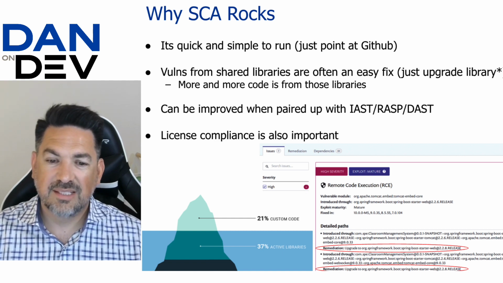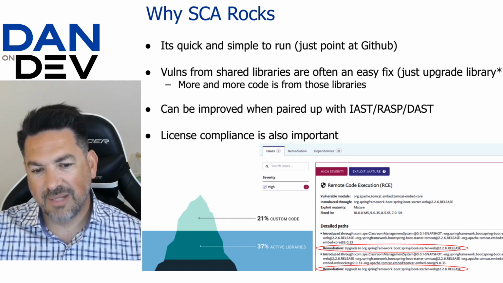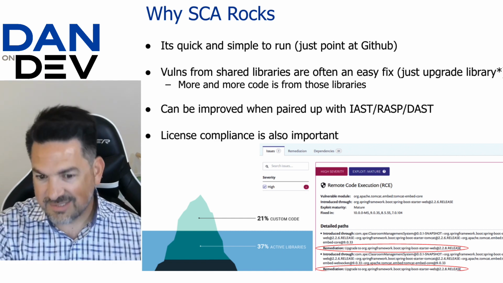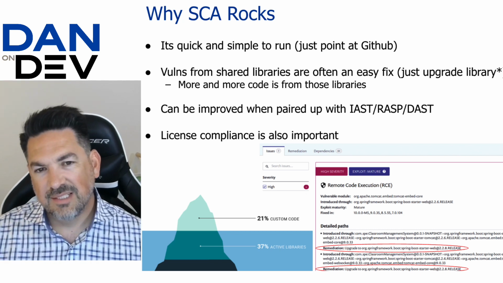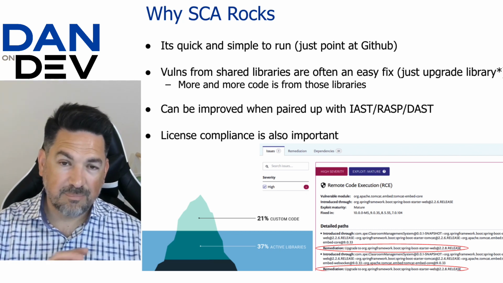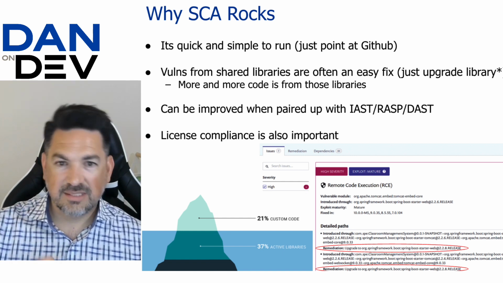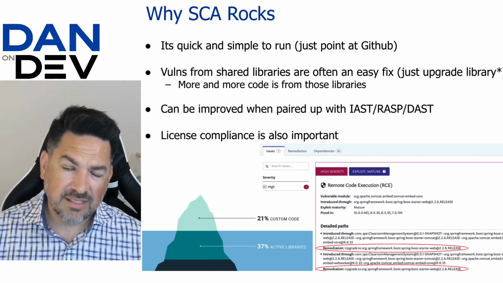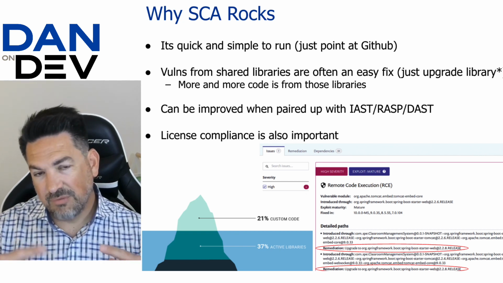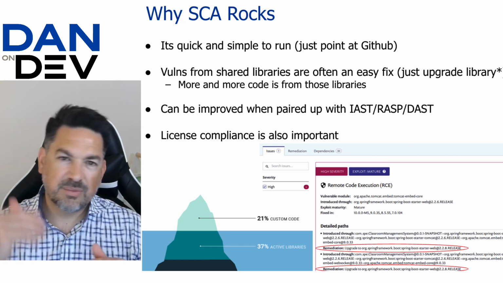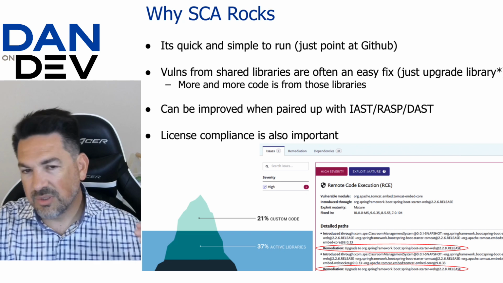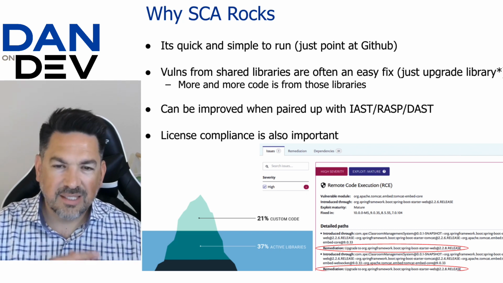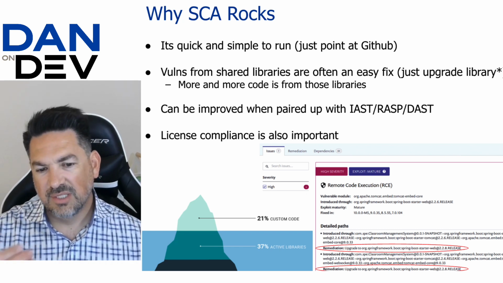The other thing is, this can really be improved dramatically when paired up with an IAST, a RASP, or a DAST. I like pairing up a DAST and an SCA to get both coverage, or an IAST as well. If you marry those two up, now you have something looking at your custom code and something looking at your packages, so you get pretty good coverage.